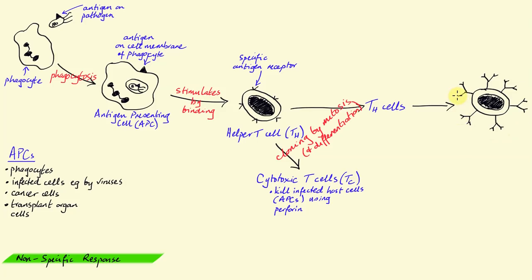Each of the ends of the Ys of those antibodies have the specific binding site to the particular antigen, the triangular antigen that I'm using. Now, the B cell is stimulated by binding to the T helper cell, but the B cell also has to bind to the antigen as well as the T helper cell.